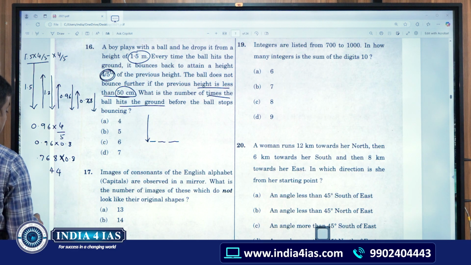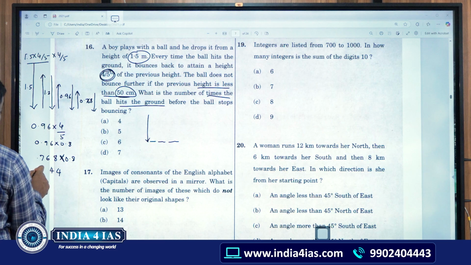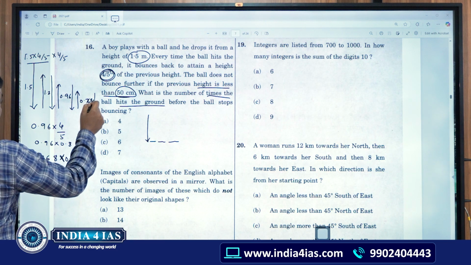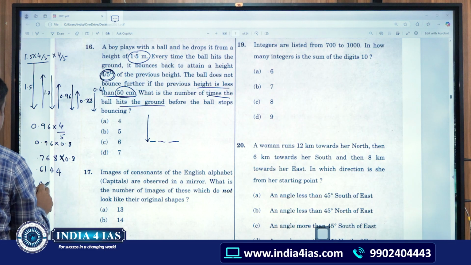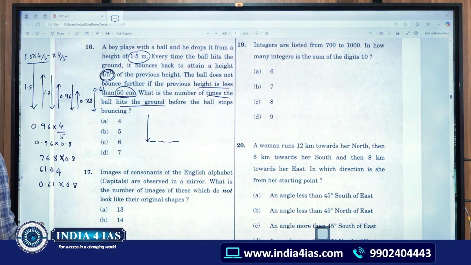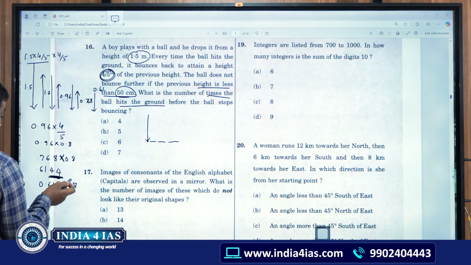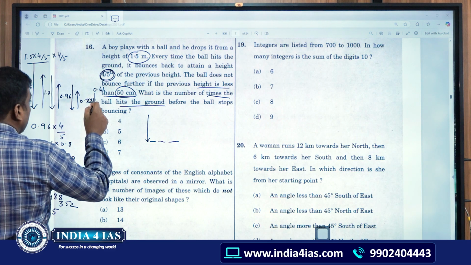Then 8 7s are 56 plus 5, 61. Now it is 0.6144. Now I will take 0.61 just, into 0.8 into 0.8. So this will give me 0.488, and for the extra it will be around 352. So that will not cross 0.5. So now it will rise back.